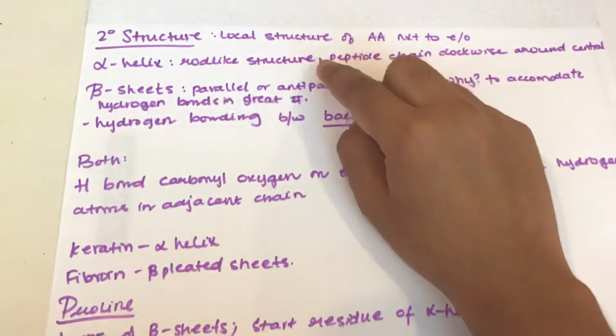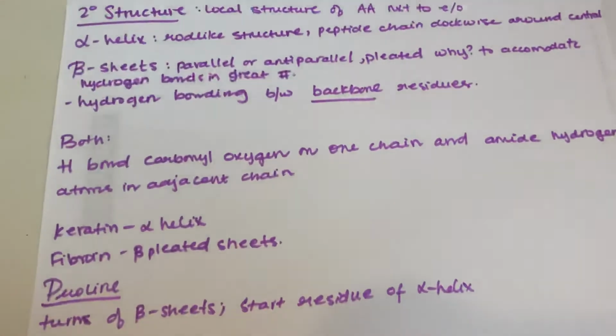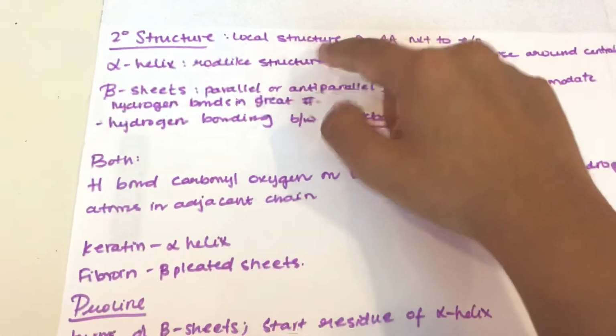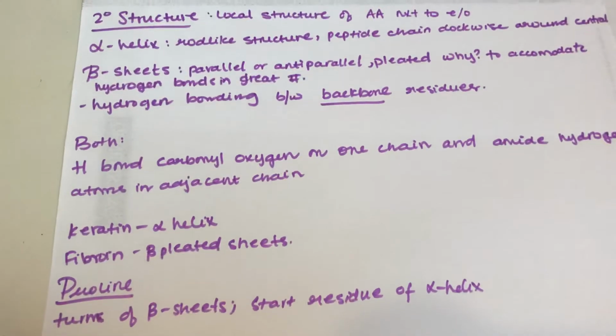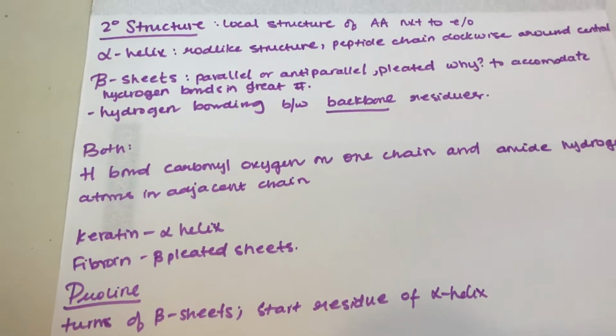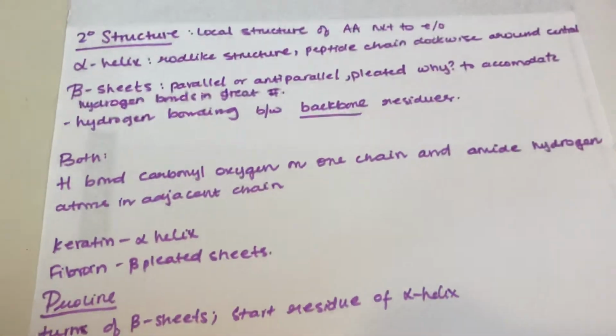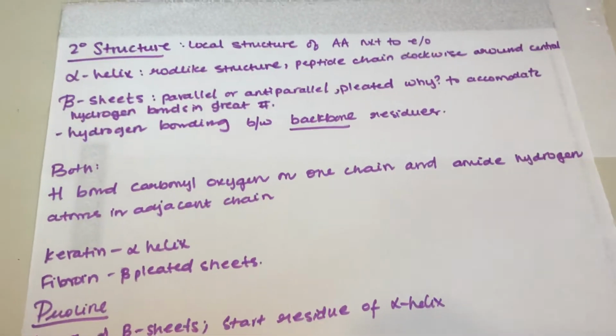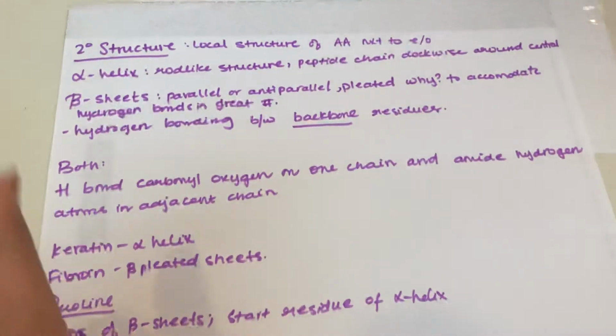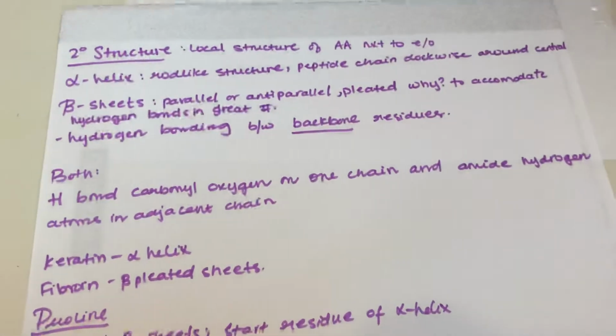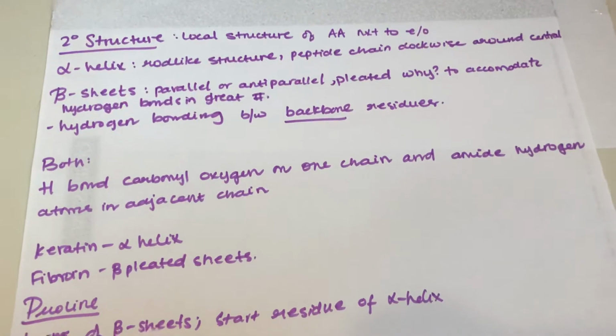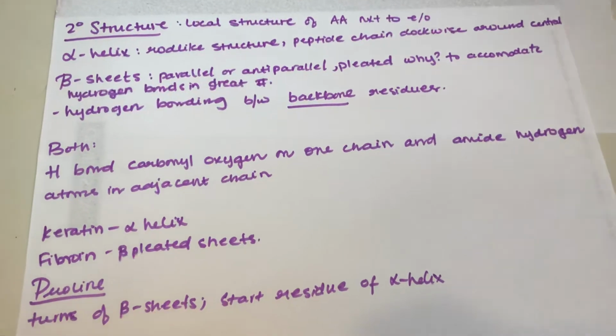You have 2 components that make up a secondary structure. They include the alpha helix and beta sheets. Alpha helix is a rod-like structure, and the peptide chains coil clockwise around the central axis. I would encourage you to look up pictures for this.